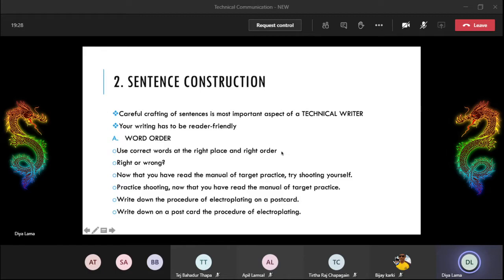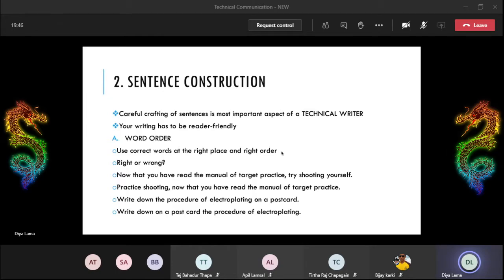Use correct words at the right place and right order. So obviously in English you can't just write whatever you want. You have to use the correct words at the right place and right order. Otherwise, तिम्रो त्यो sentence को value change हुन्छ.